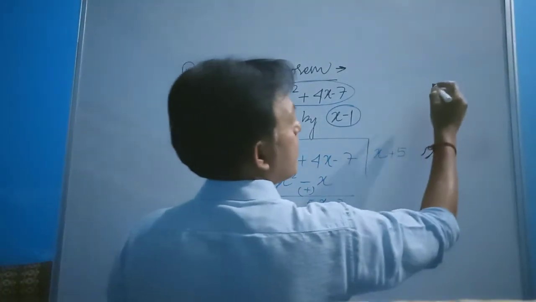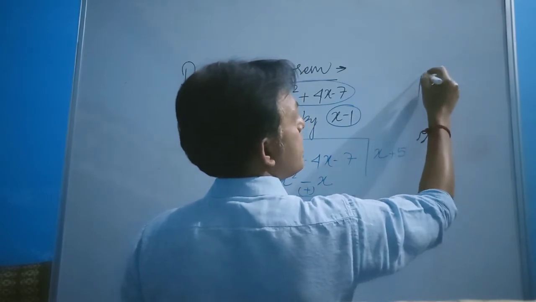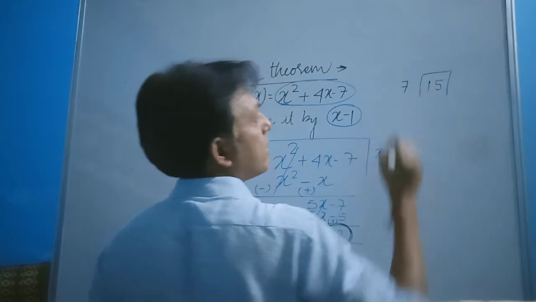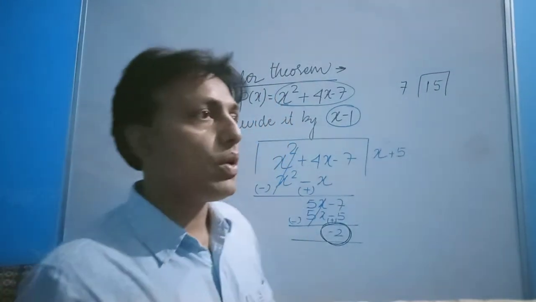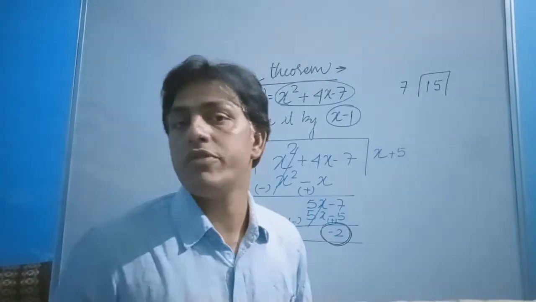Another thing: what was the condition for the divisibility of 15 by 7? Meaning, when will we come to know that 15 can be divided by 7 or not?